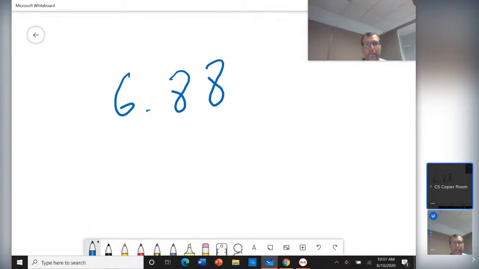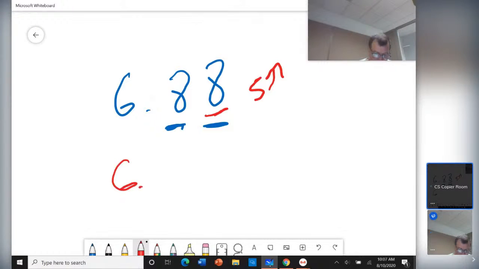Remember, it's asking you to round to the nearest tenth. So here's the tenth, here's the hundredth. The hundredth is 5 or greater, so we're going to round the tenth place up. We're going to make the 8 a 9. So the answer is going to be 6.9.